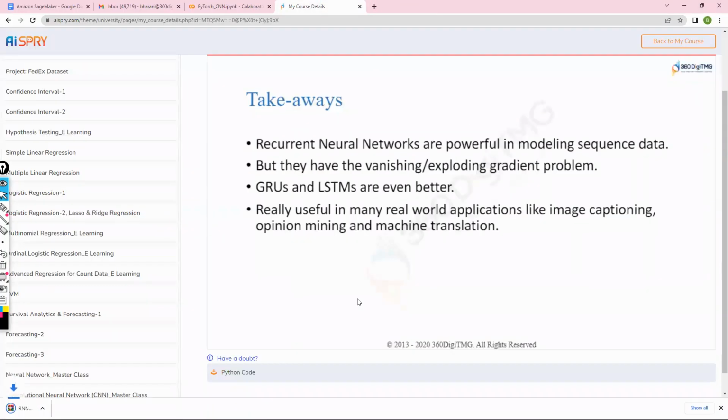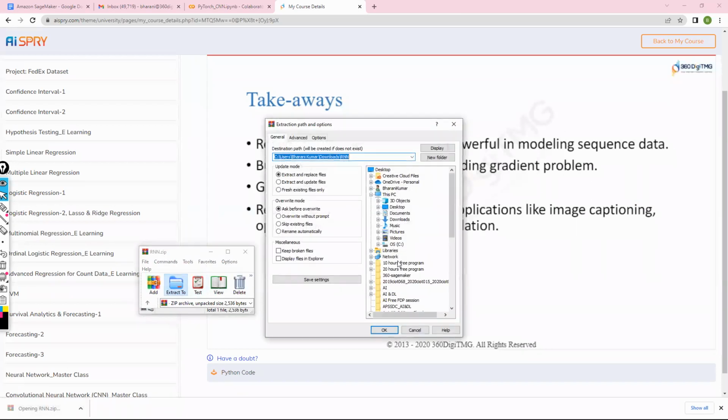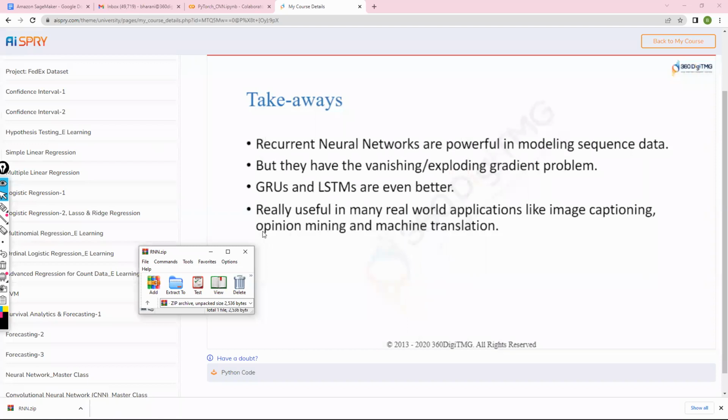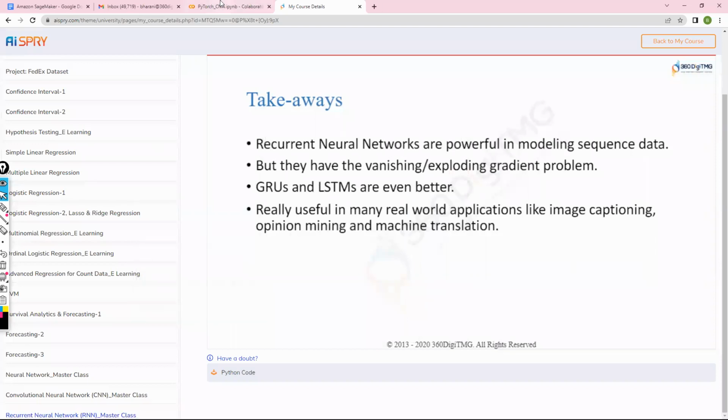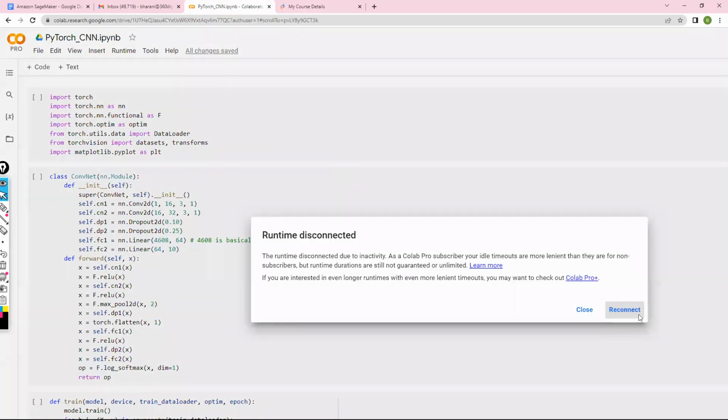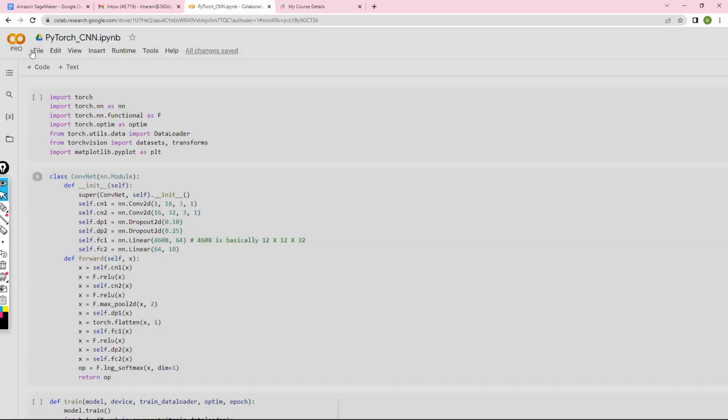Now let me download the Python code and quickly run through the recurrent neural network code. So what I shall do is open a new notebook.